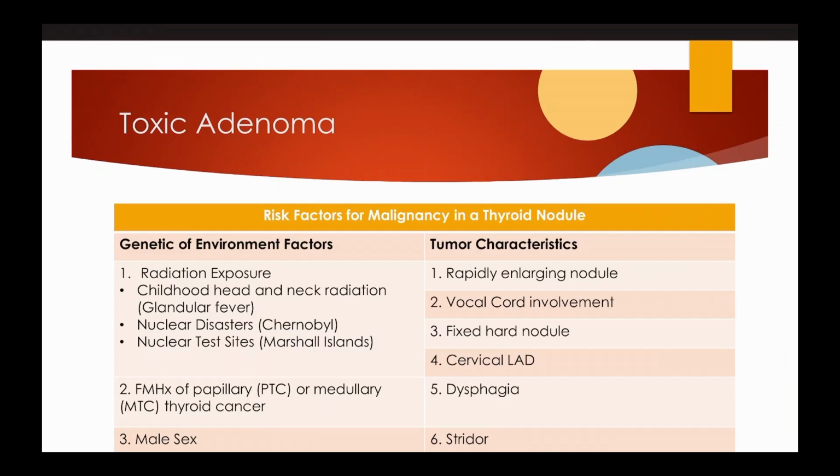Now, this is a good slide to know because this tells you risk factors for malignancy in a thyroid nodule. So, genetic or environmental factors, radiation exposure. When you go to the dentist, what do they make you wear? Lead. Does anyone here work in a radiology suite?